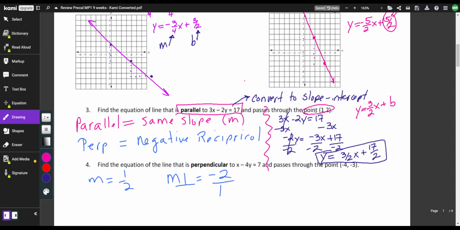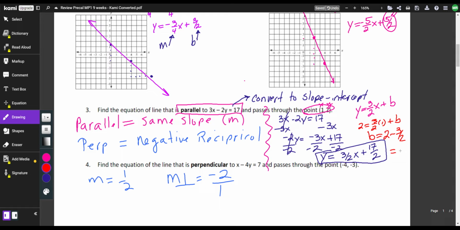But we are given a point, so we know that this is x and this is y. We can substitute that into the new equation, and that's going to be 2 equals 3/2 times 1 plus b. We solve for b, and that's going to equal 2 minus 3/2.